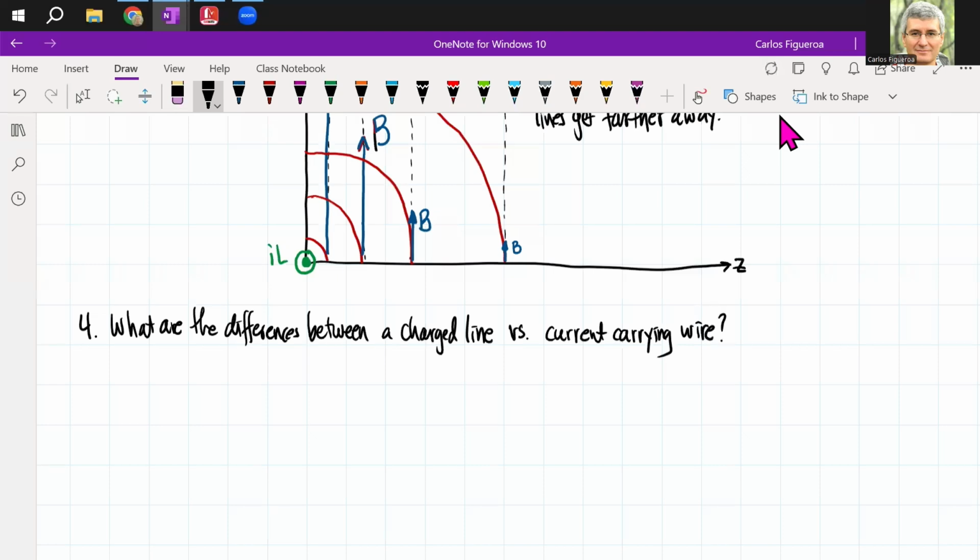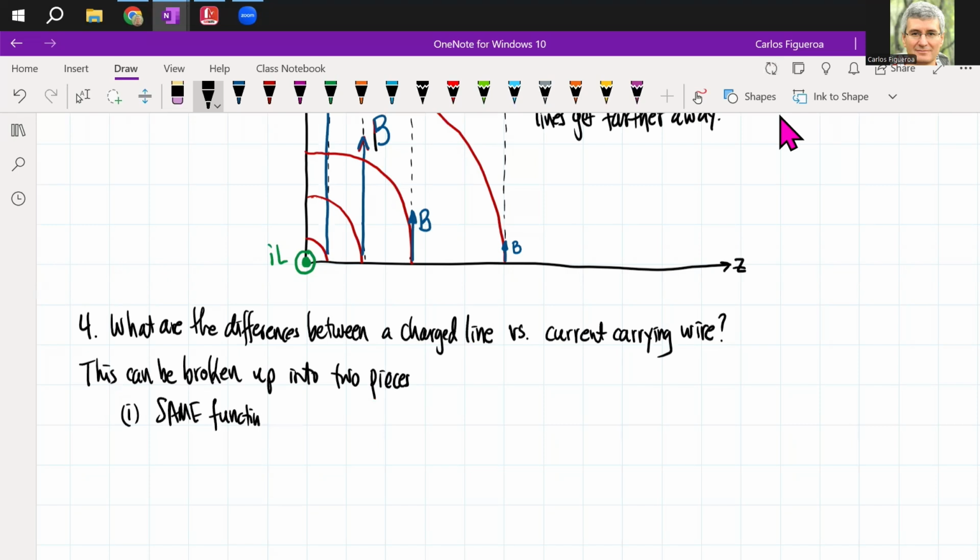What is the difference? And we're going to see that it can be broken up into two pieces. As we're going to see here, one of them is that they have the same functional form.